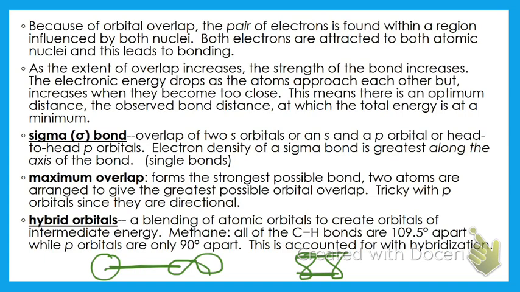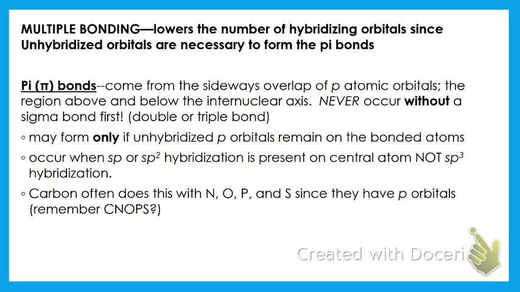They have the same energy. Whereas an S has slightly lower energy than a P, an sp3 would be degenerate, which means they're all at the same level. So it hybridizes them and overlaps them. On your paper down below, it's showing you this forward overlap and then the sideways overlapping.